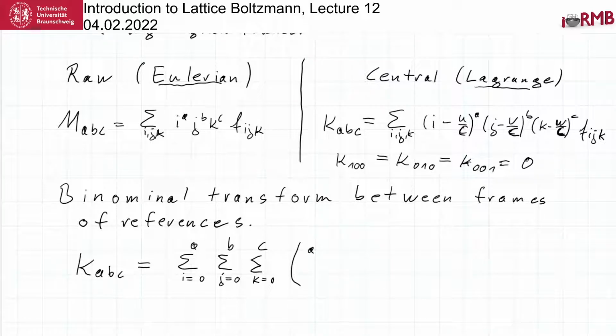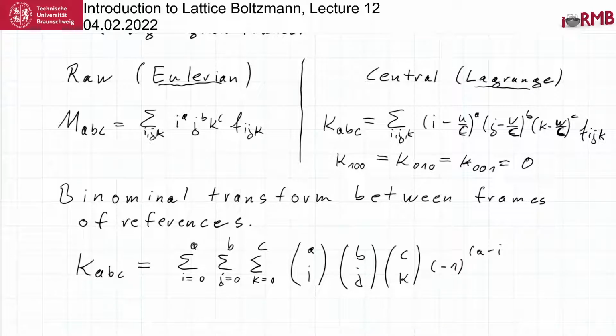And here comes the binomial a over i, b over j, and c over k. And this times minus 1 to the power of a minus i plus b minus j plus c minus k.